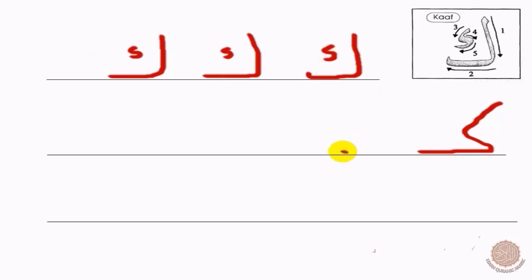Now, the medial form is as follows. Come across, previous letter, then come here, curved line that goes across to the next letter, finish the word, and then join up like this. Now with the end, it's similar to the isolated form. So there's a previous letter, and then what you do is you just come up and then come across.